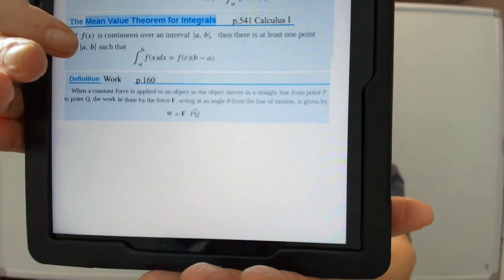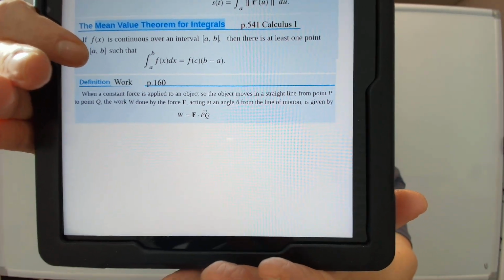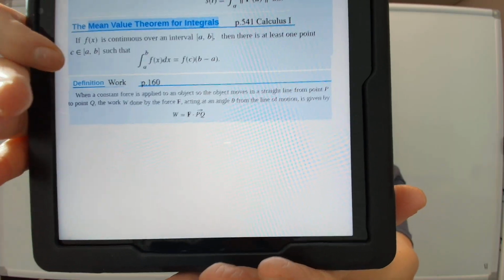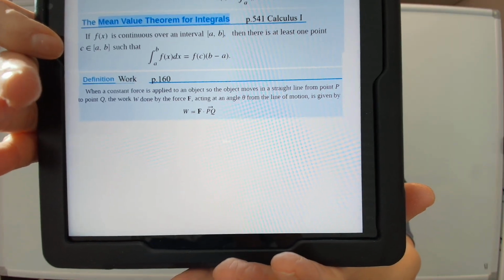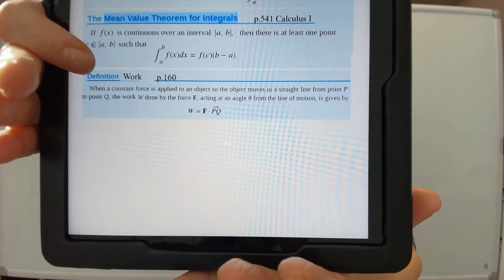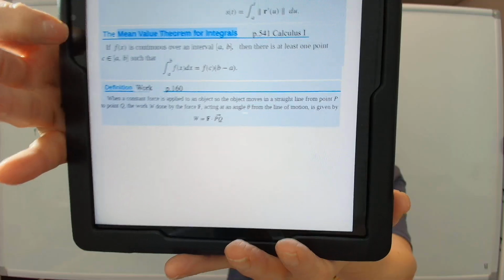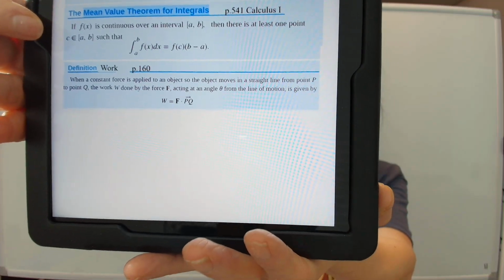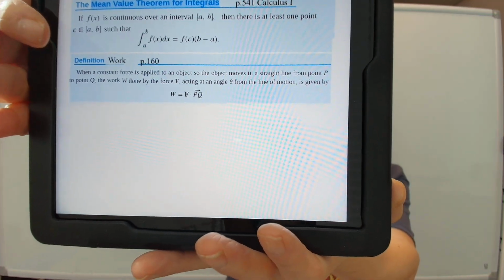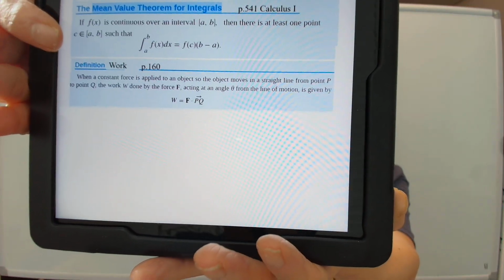Next, let's look at the mean value theorem for integrals, back from calculus 1. What it says is that for a reasonable function f, there exists a point c such that f of c times b minus a, that's the interval, is equal to the integral.